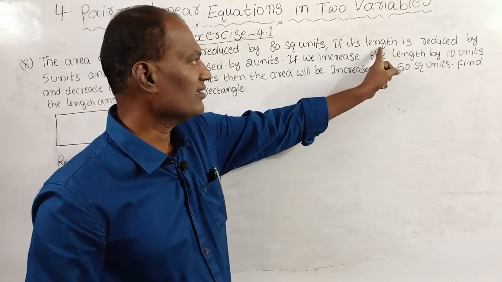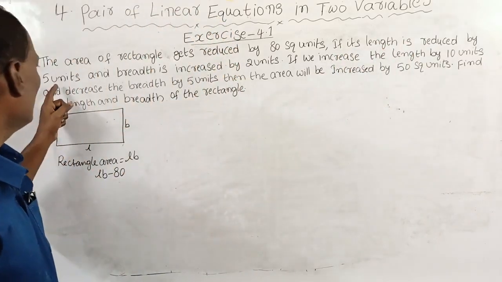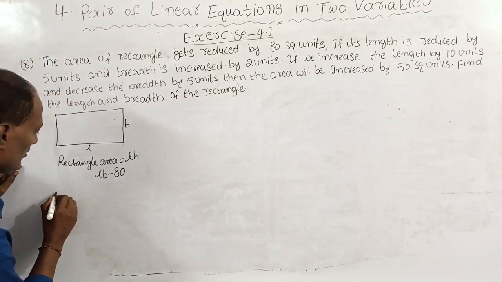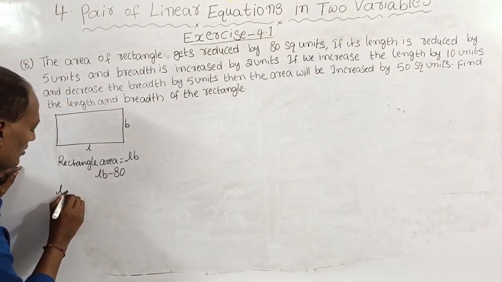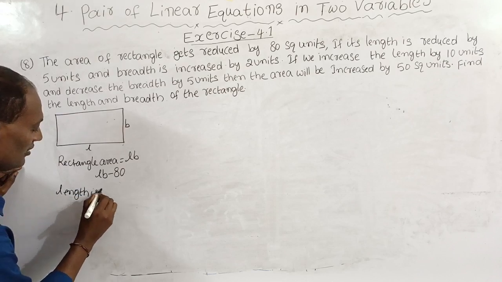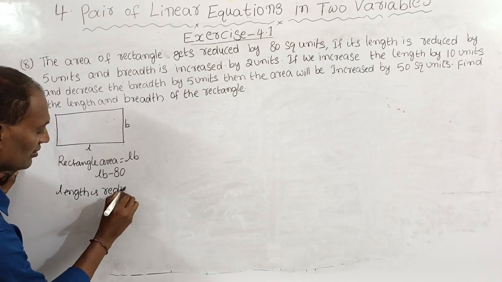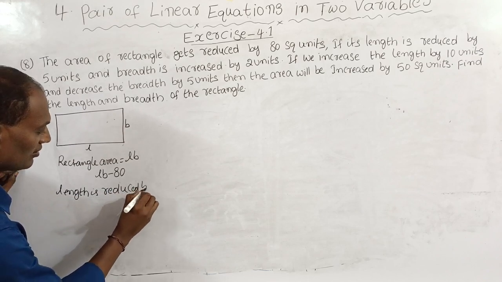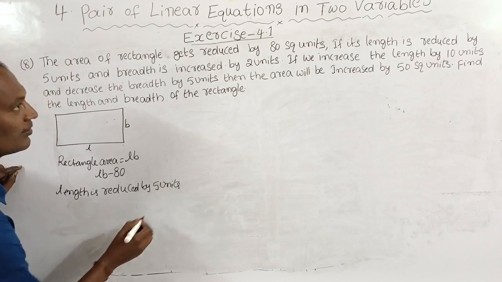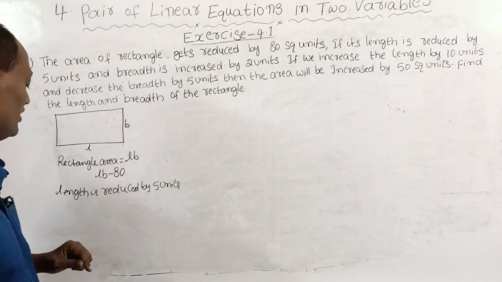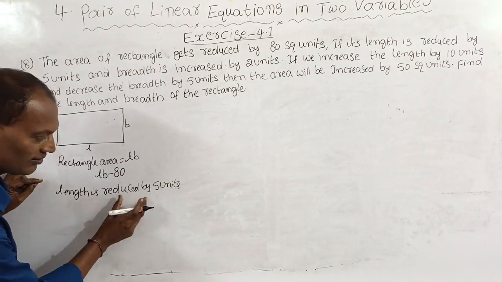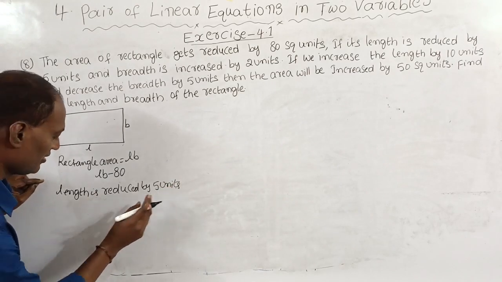Next, if its length is reduced by 5 units, it means the length is reduced. Length reduced means subtract, and how much? 5 units.